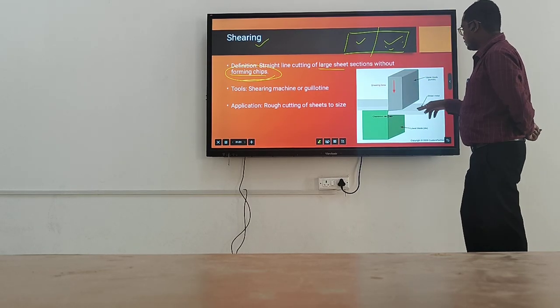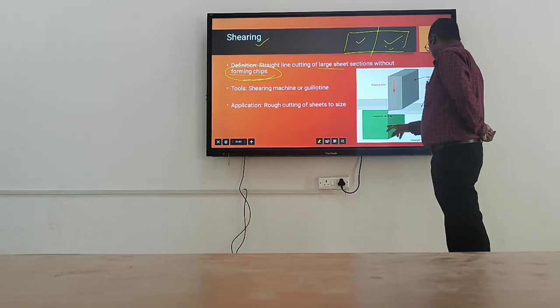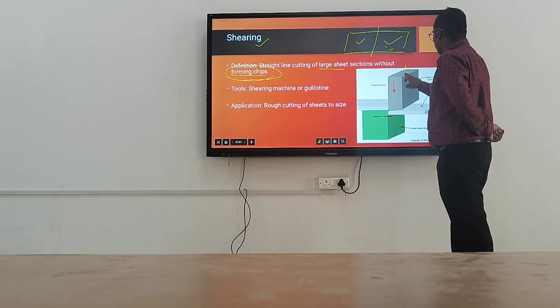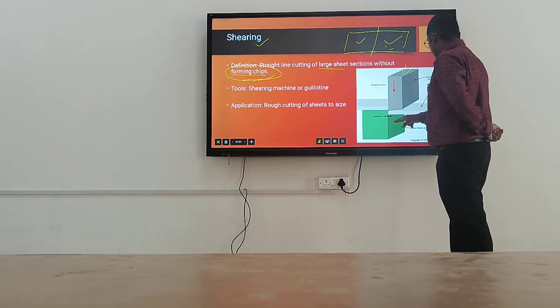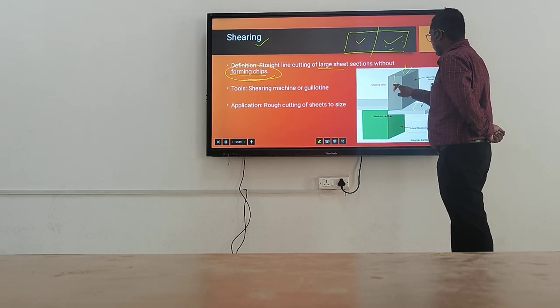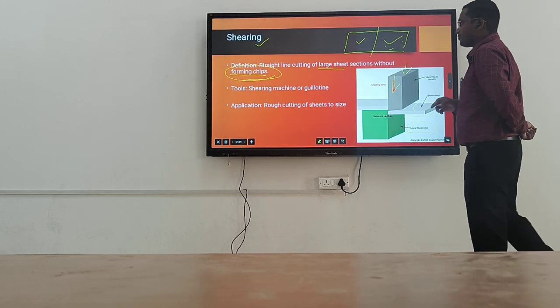Suppose this is the machine, the roller type. If we push it once, the sheet gets cut. And this one is the shearing method, where we apply the shearing force.